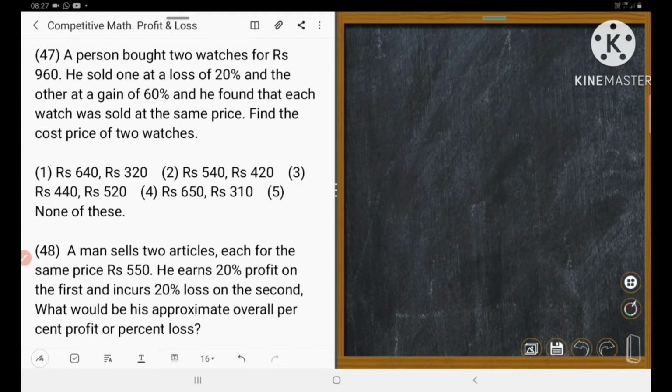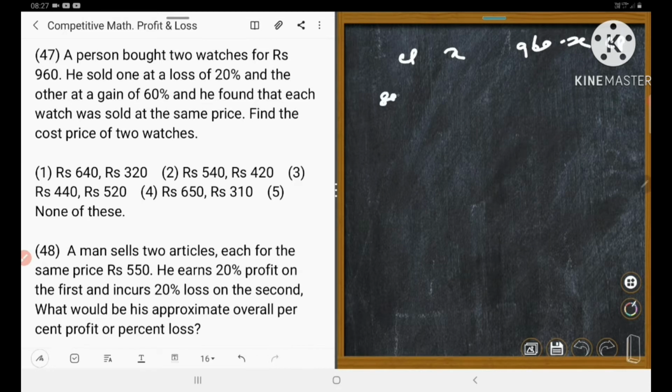Okay, let's do it again. Let the CP of one be x and the other be 960 minus x. As per the question, 20% loss in the first case and 60% profit in the second case. Oh, I see, profit.